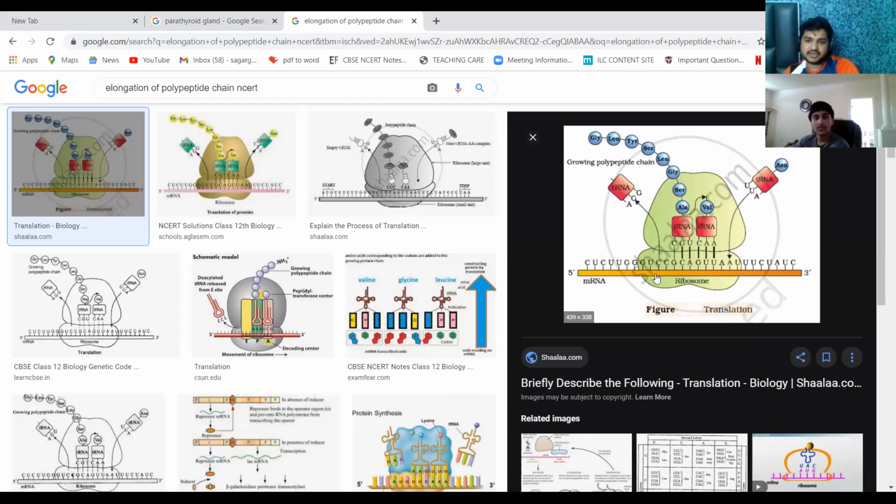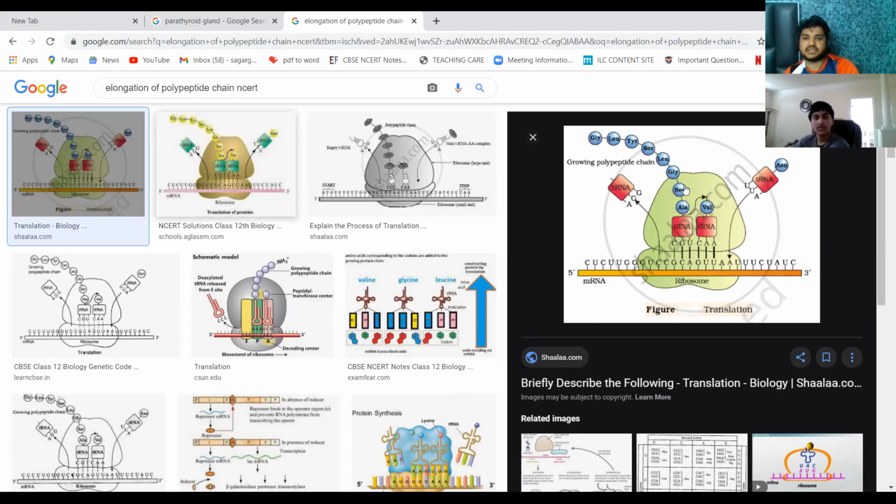This is the large subunit, this is the small subunit. This tRNA is going to be removed, and this one is coming, and this is at the P site. You have to draw this diagram in your copy. Please note it down, or you can click a picture.